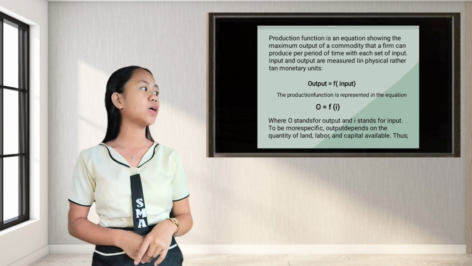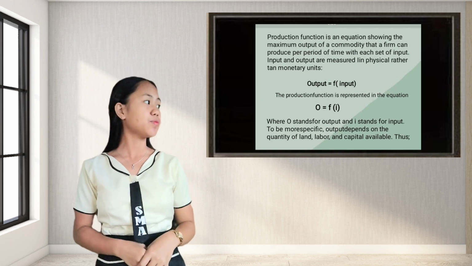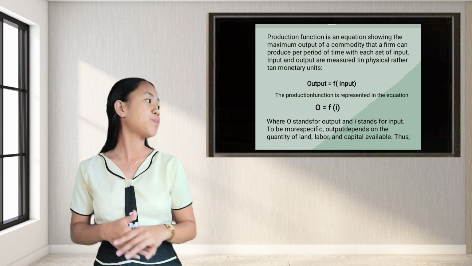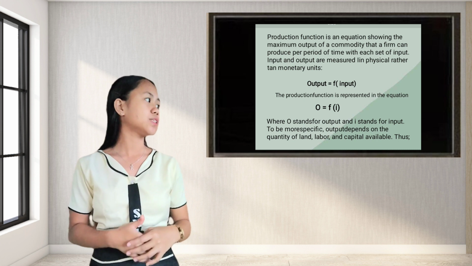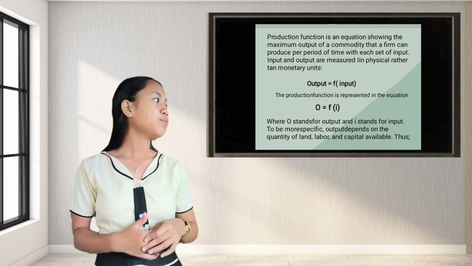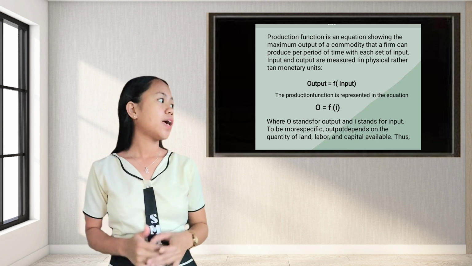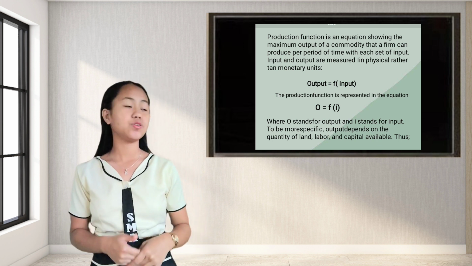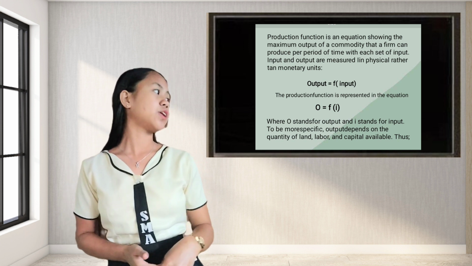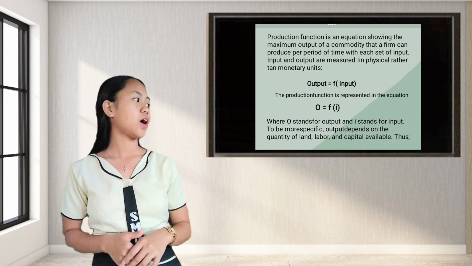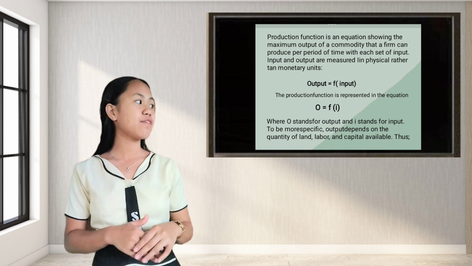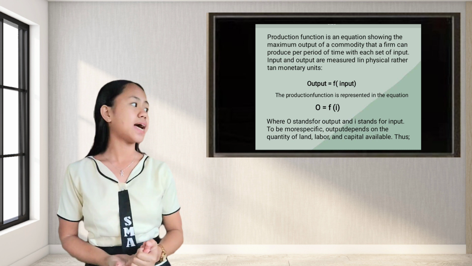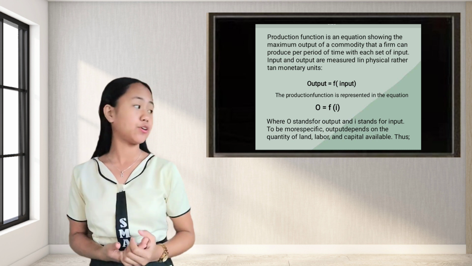Production function is an equation showing the maximum output of a commodity that a firm can produce per period of time with each set of inputs. Input and output are measured in physical rather than monetary units. So the production function is represented in the equation O equals F of I, where O stands for output and I stands for input.